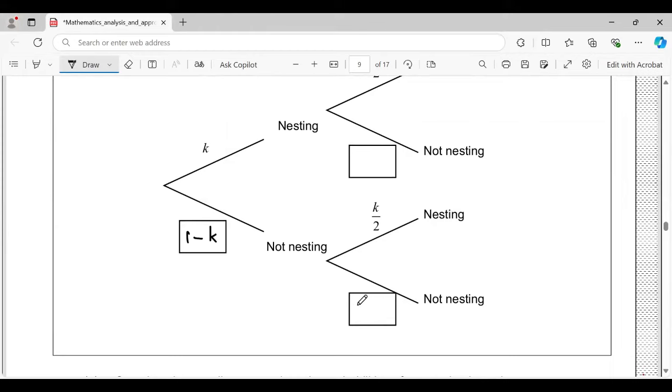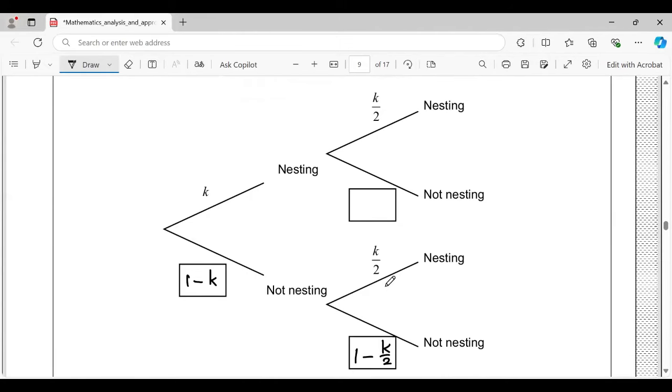And it means here 1 minus k/2. The same with this one, it means 1 minus k/2.